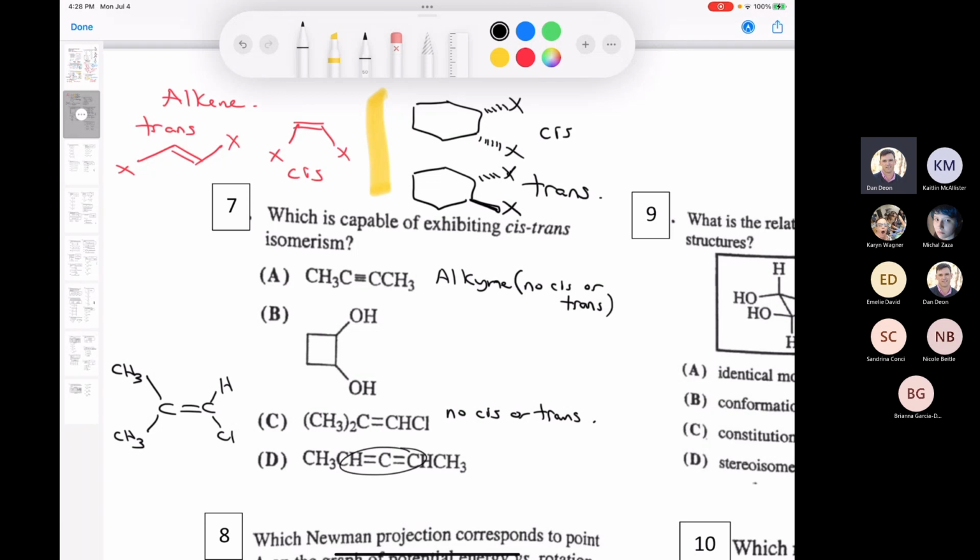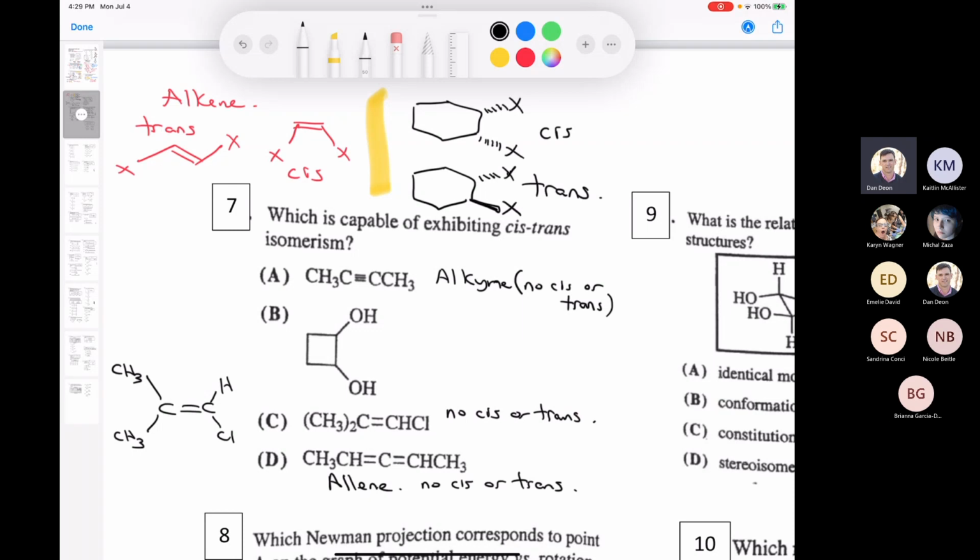And then in D, you have two double bonds on the same carbon. That's called an allene. I haven't thought about allenes in a while. Anyhow, so those also have no cis or trans.